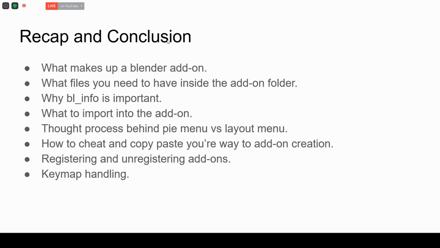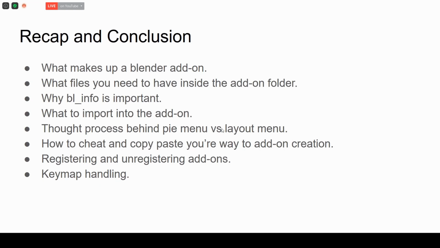So yeah, recap and conclusion. We've talked about what makes up a Blender add-on, the files you need inside, why the bl_info is important so Blender knows where to put the add-on in the add-ons tab, and what to import into the add-on.